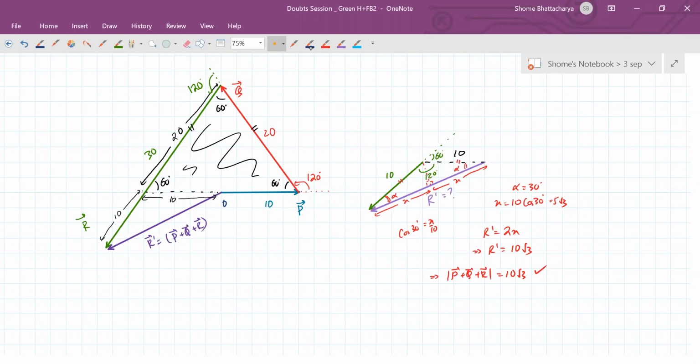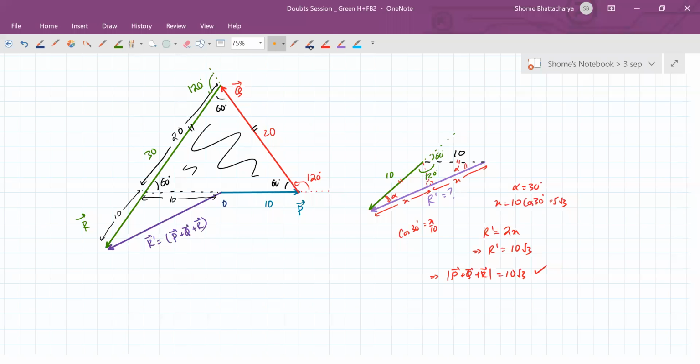Okay, so next, I have received a couple of doubts from assignment number 3, question 8, asked by Yash and, oh, there's only one.